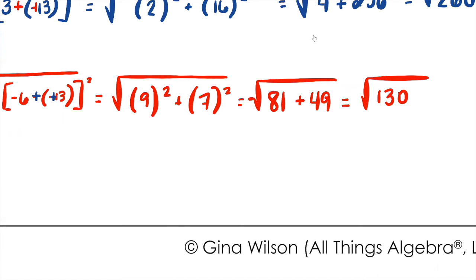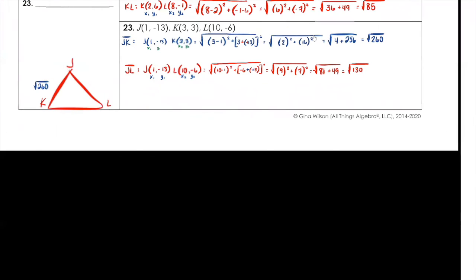So our answer is the square root of 130. And then our last side is KL.